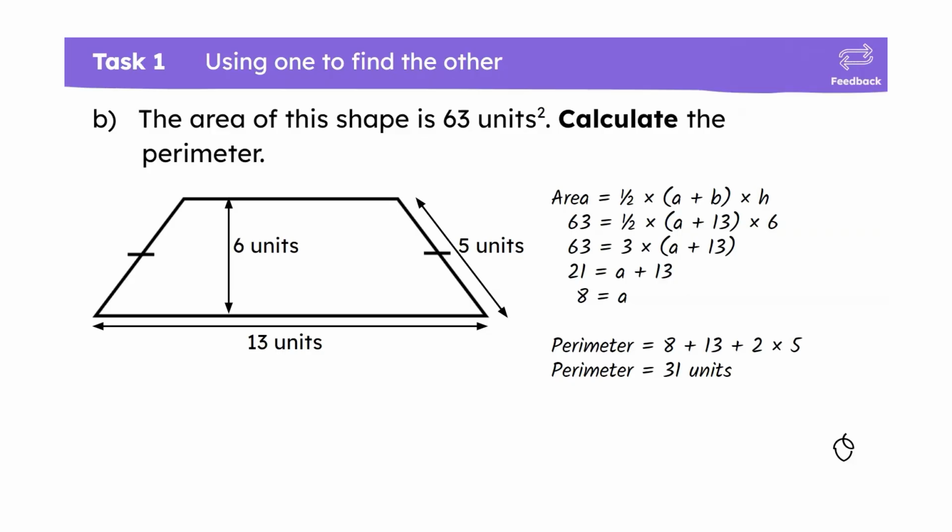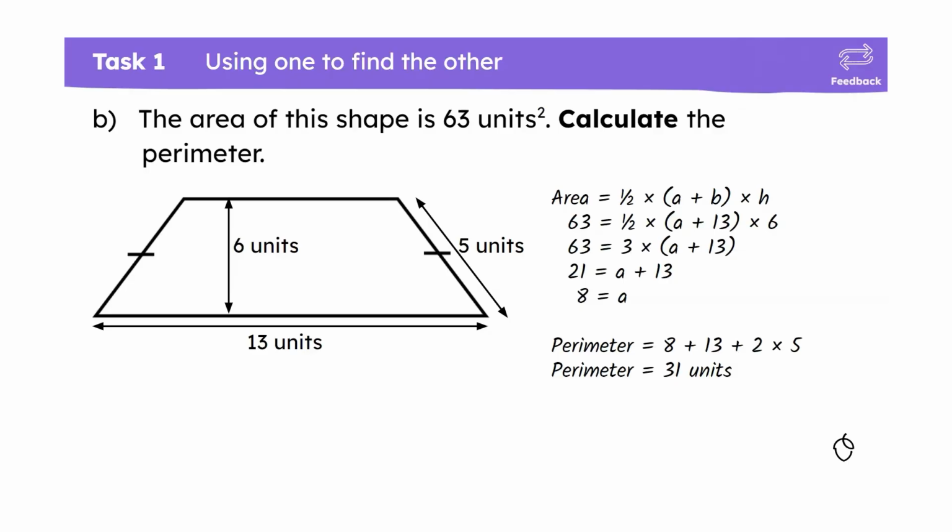Therefore, 63 is equal to half of the missing side length plus 13 multiplied by 6. Well, half of 6 is 3, and 63 divided by 3 is 21. So 21 is equal to my missing side length added to 13. And that means that missing top length must be 8.